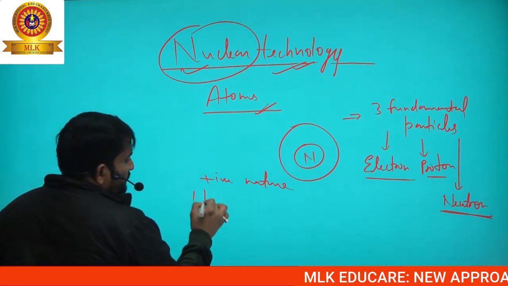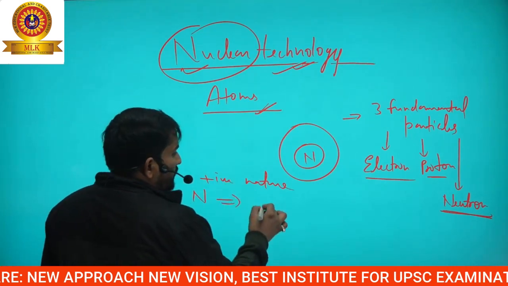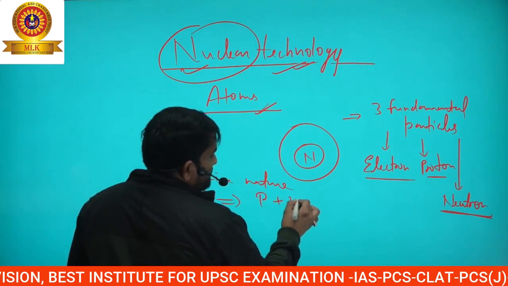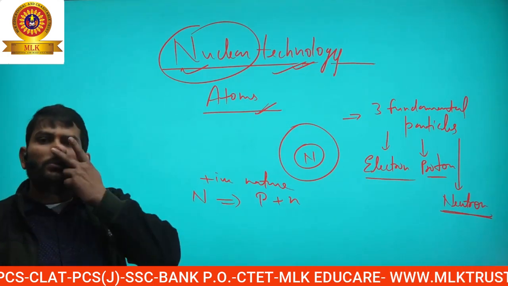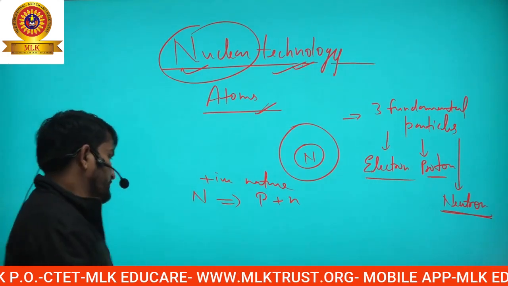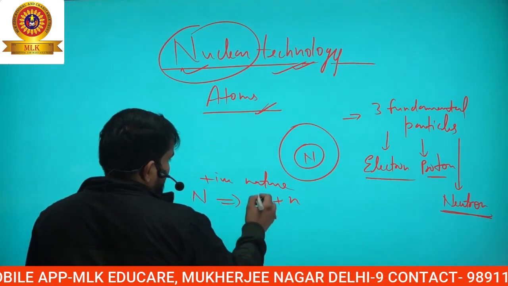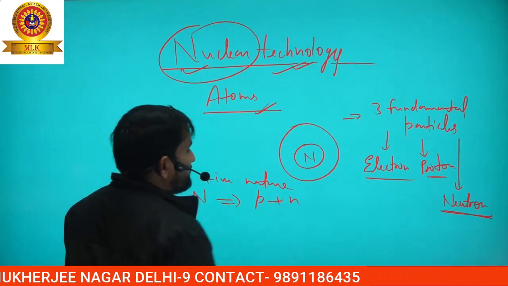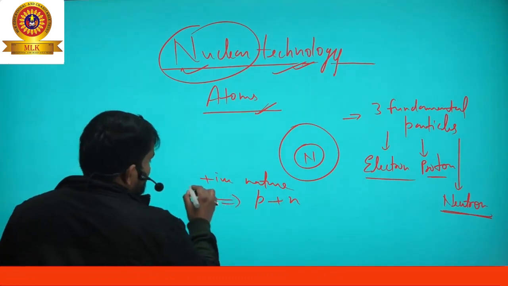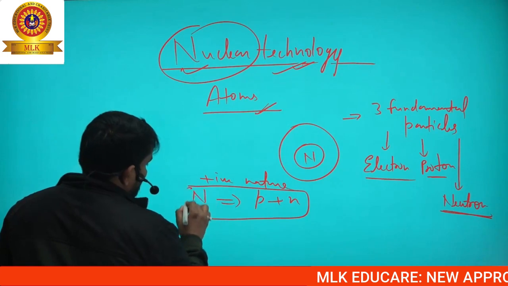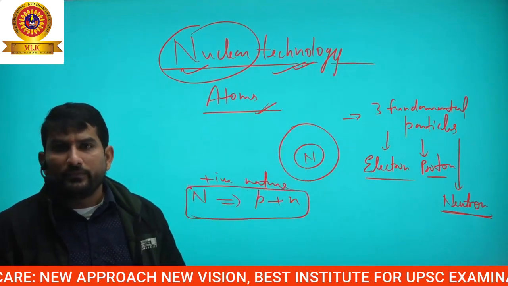Because the nucleus is made up of proton plus neutron. Okay, the nucleus is made up of proton plus neutron. Okay, we will write it small so that it is understandable. This is the proton plus neutron. Proton plus neutron are actually making the nucleus, or the nucleus part of the atom. Clear?